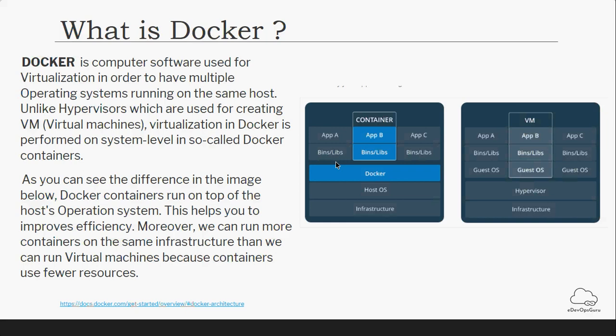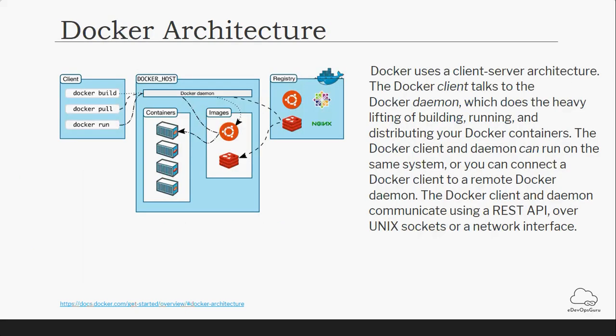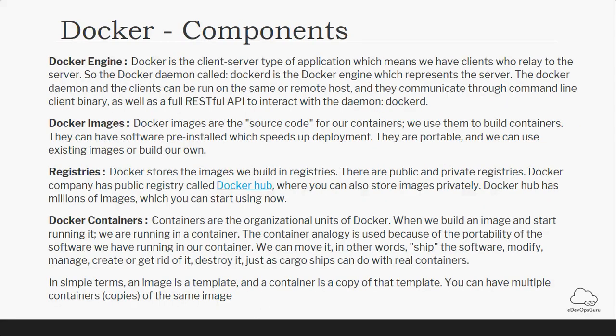Okay, so I think we will see later on what the different components are and how it works. So this is another view of looking into the Docker components. One is the Docker image, another is the Docker engine. The Docker engine is a client-server type of application, which means we have clients who rely on the server.